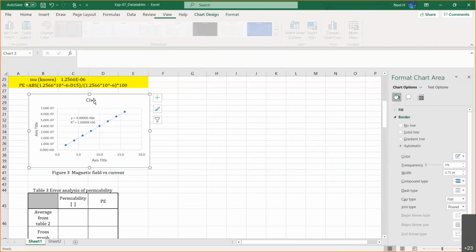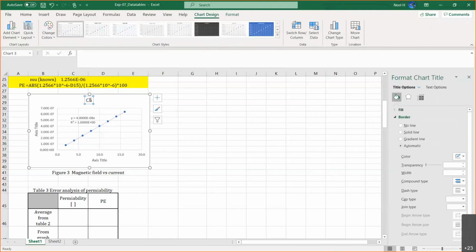Okay, and also we would like to have a graph title, right? So generally if we have a graph, let's name it. This is going to be magnetic field versus current.